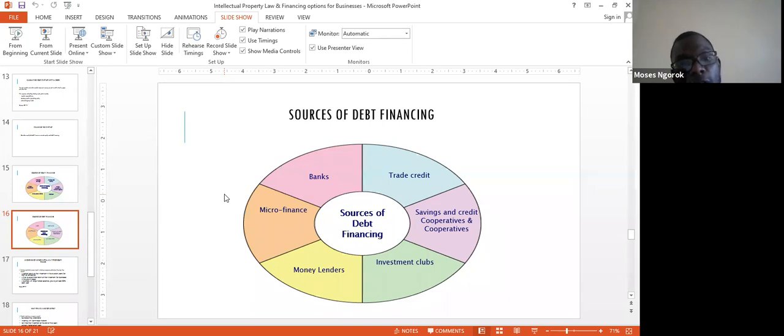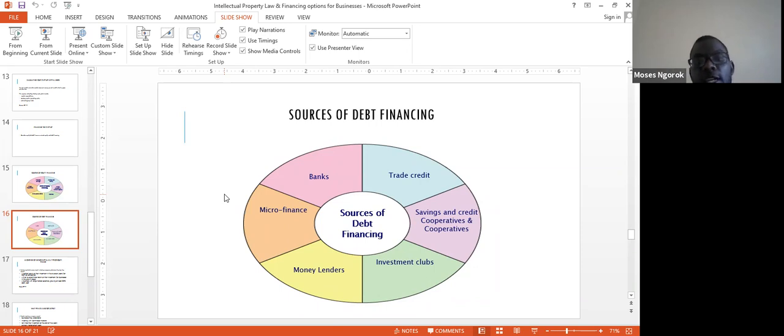So you can go to a bank, you can go to a microfinance institution, like Pride Microfinance, banks like Stanbic, Centenary, Equity Bank. You could go to money lenders. These are individuals or companies that have been given licenses and allowed to lend money to businesses.